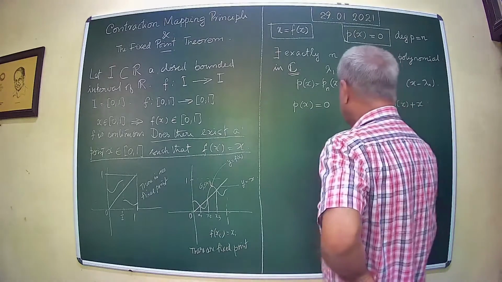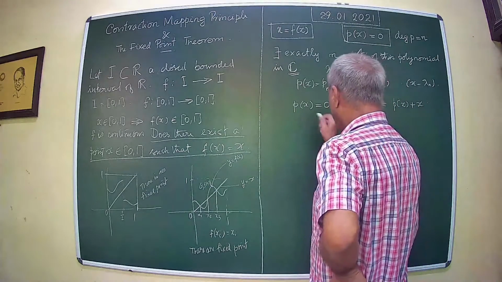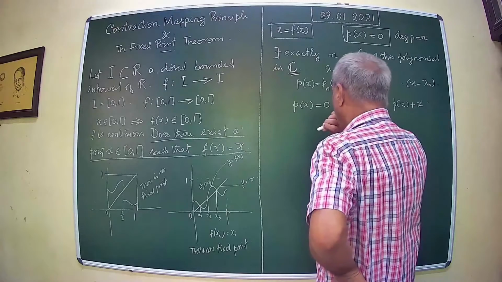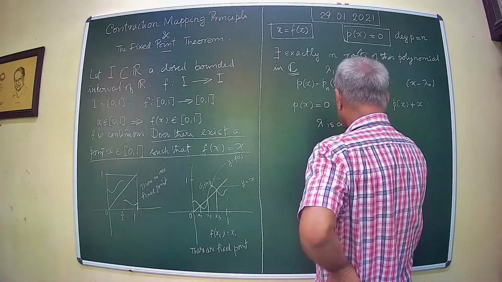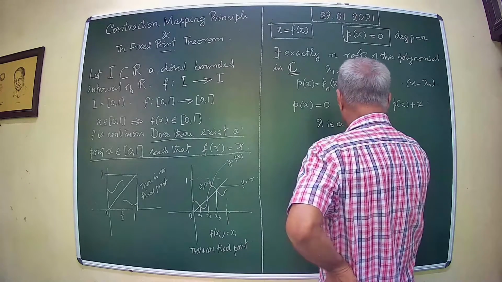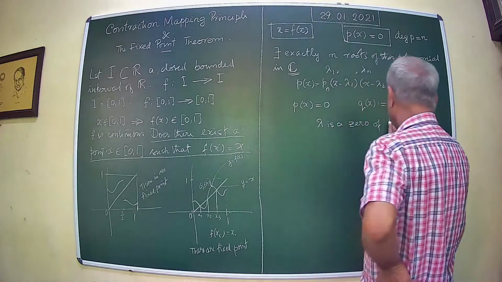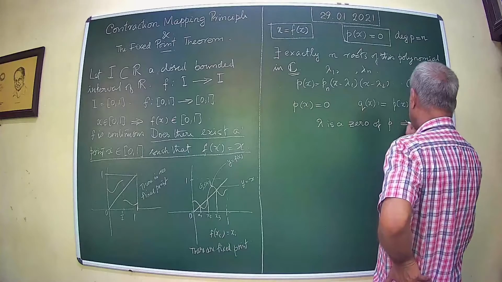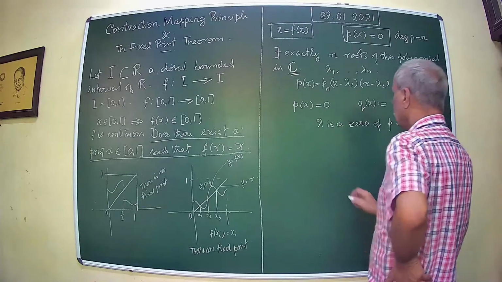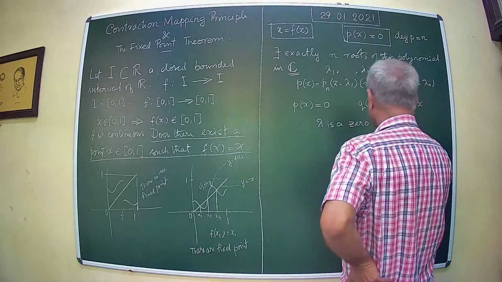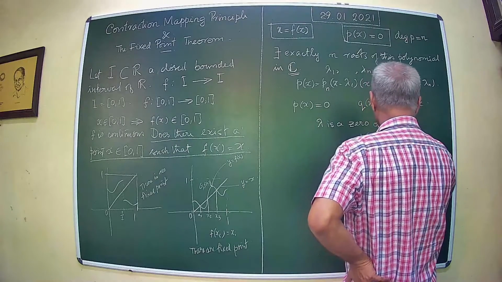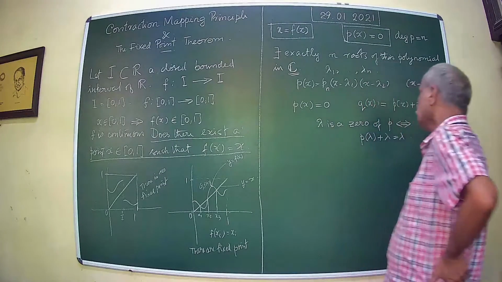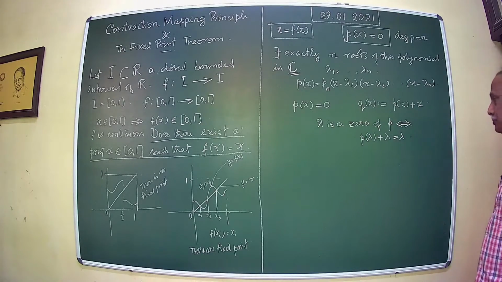Now you see that lambda is a zero of P if and only if we have P(lambda) plus lambda equal to lambda. What does this mean?